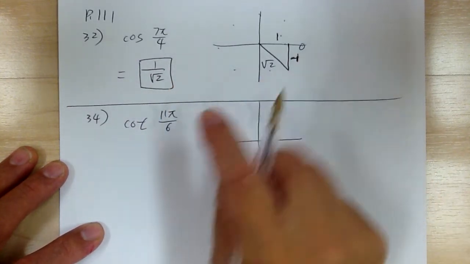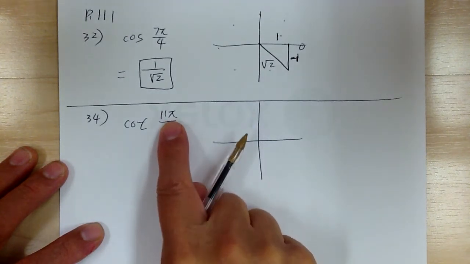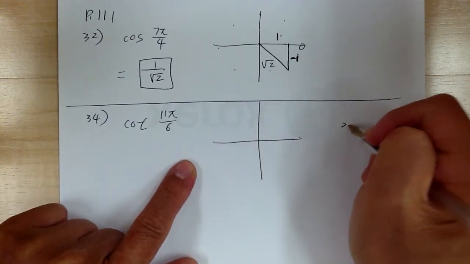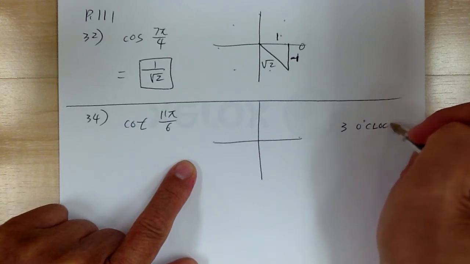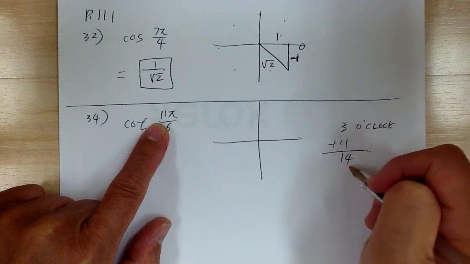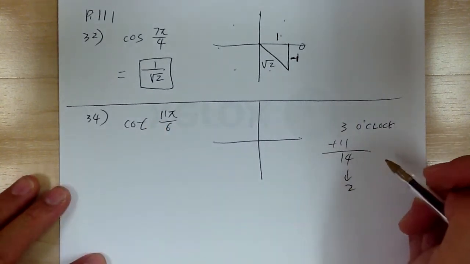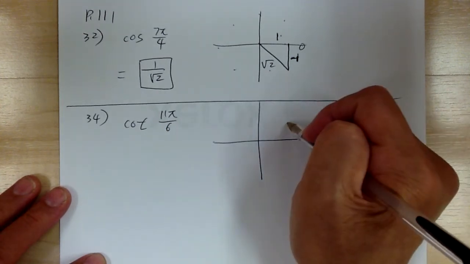Okay, so remember, each number on the clock is pi over 6, right? So 11, so you start over here. If you start at 3 o'clock and you go 11, so plus 11, you're going to end up at 14, which is equal to the 2 o'clock position. So 2 o'clock position should be right over here.